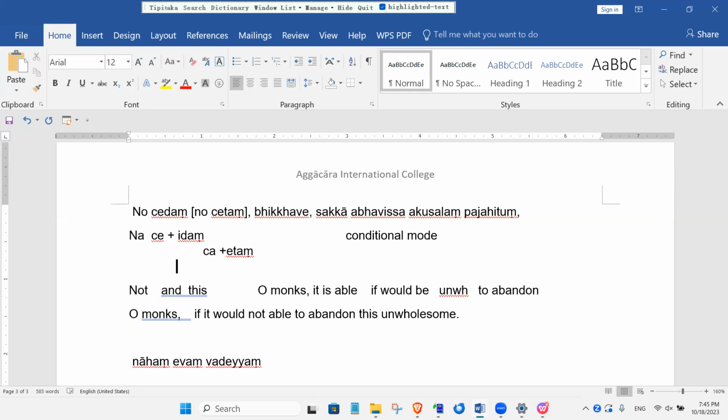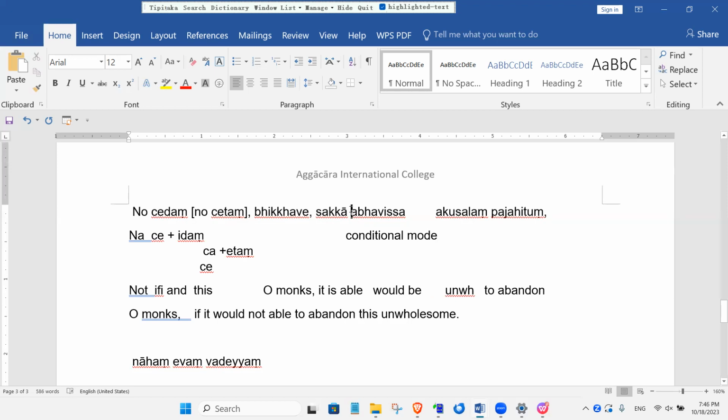Yeah, "ce" is okay. So if we have the "ce" here, we can put if, and then we don't need to put the "if" here. So would be, all right.